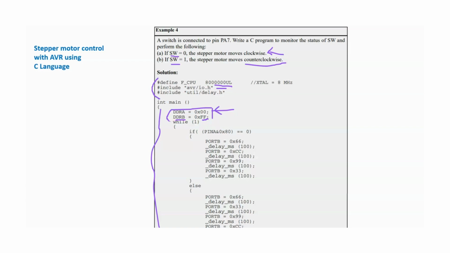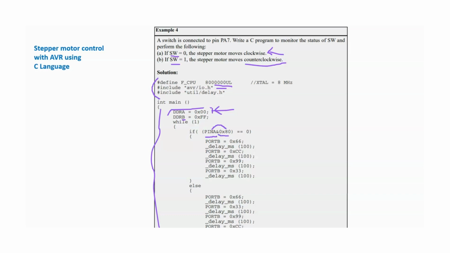In the while function, we have used a condition that is true forever. Forever means it will keep executing while the switch stays in the same position. To read the input status of any port, here our input port is A, we use the PINA register. We take the PINA status register and apply an AND operation with 80 hexadecimal.